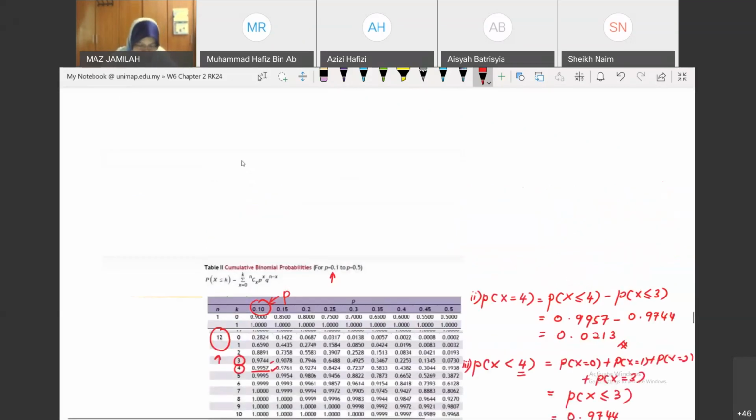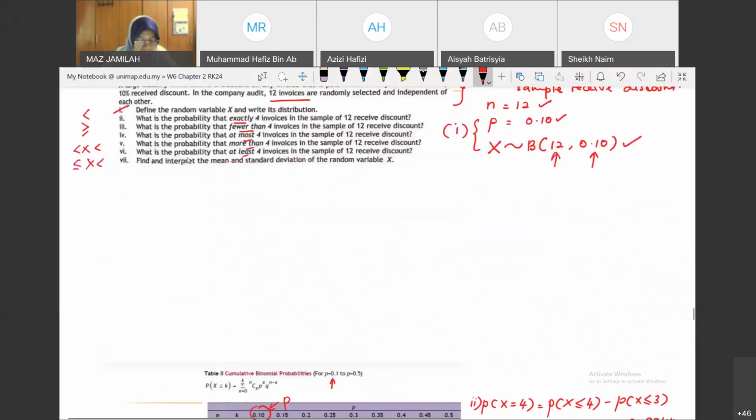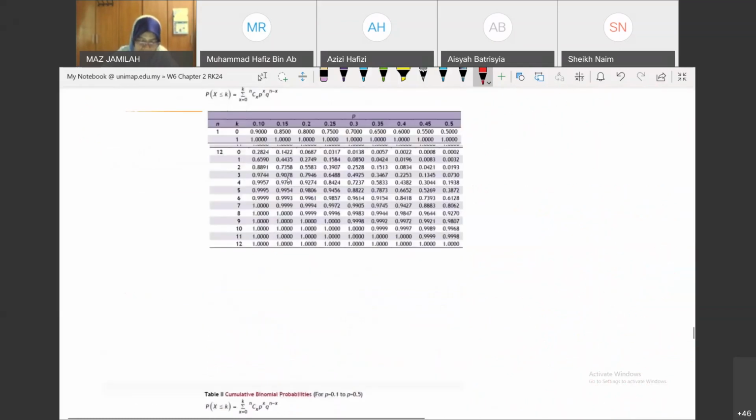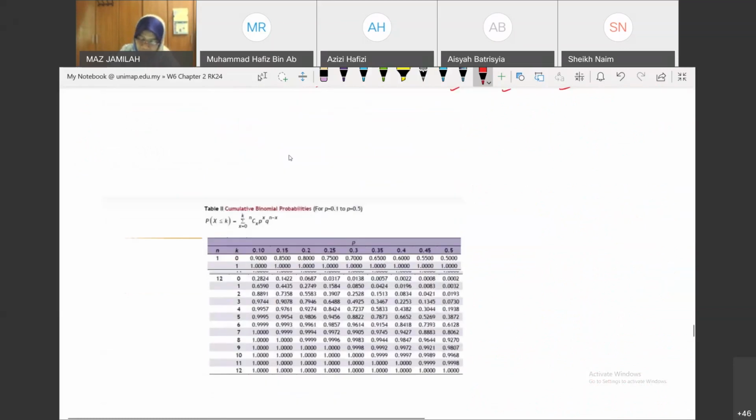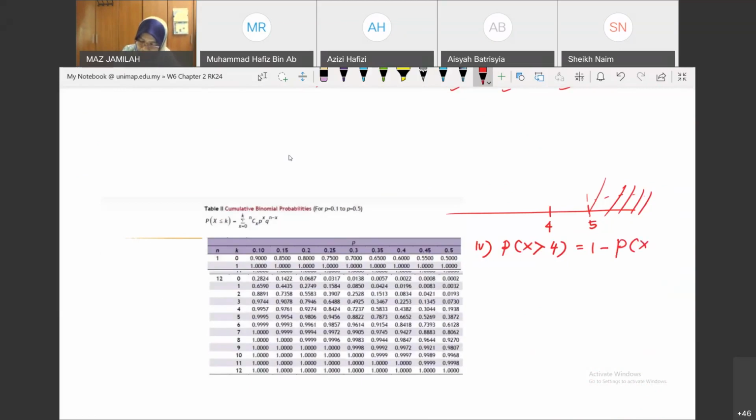Now, what will be the next question? What is the probability that more than 4? Number 4, P(X > 4). More than 4 means 5 and above. So 1 minus P(X ≤ 4).